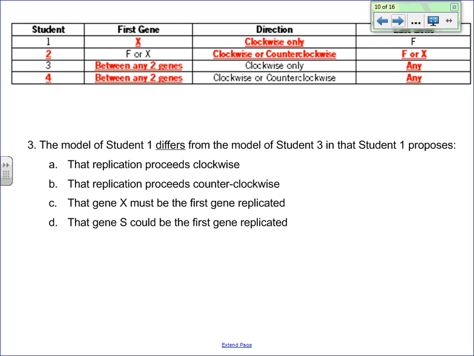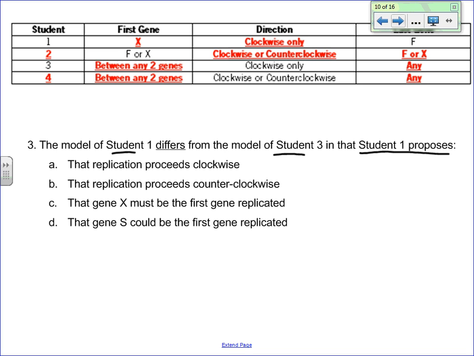If we take a look at number 3, the model of student 1 differs from the model of student 3. Now you have to be really careful about this question because that gives you a couple of things. You're trying to figure out not only the differences between 1 and 3, but you're looking for something that student 1 does say that student 3 goes against.